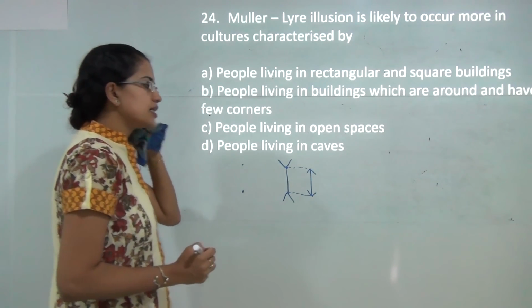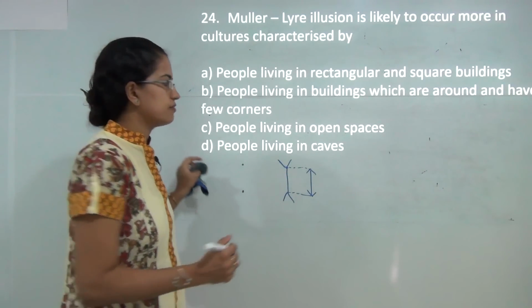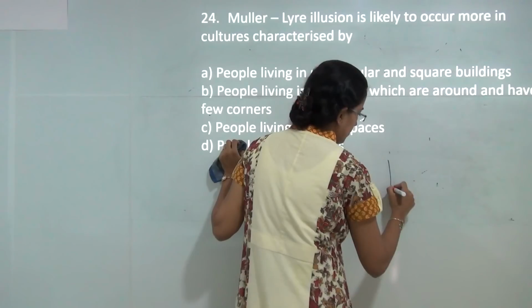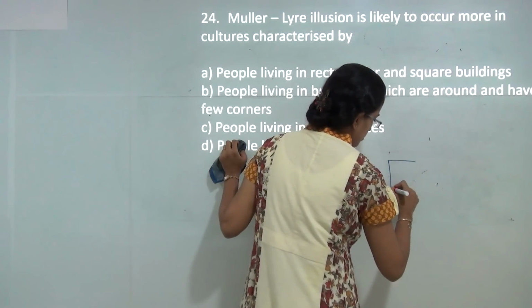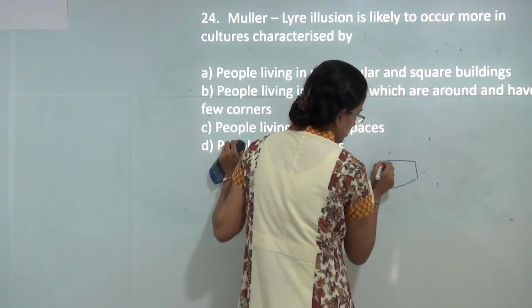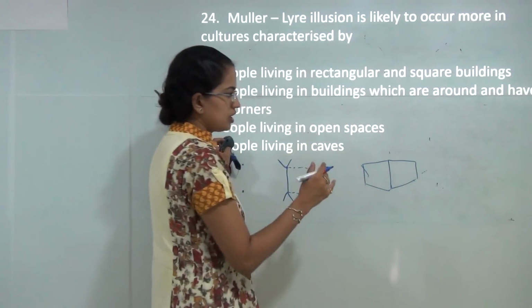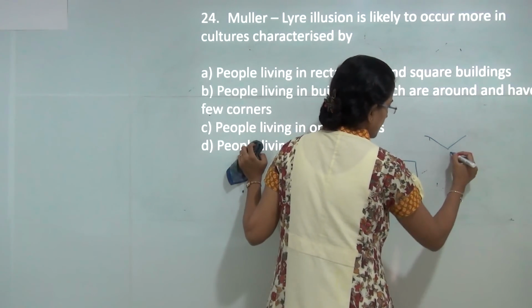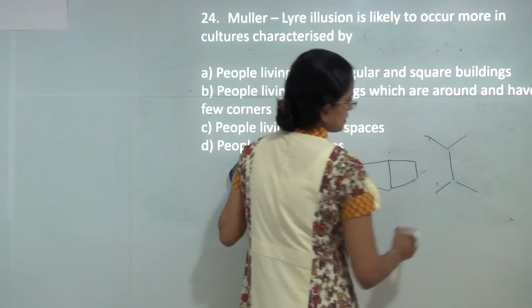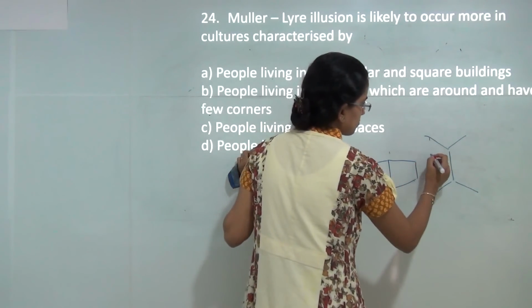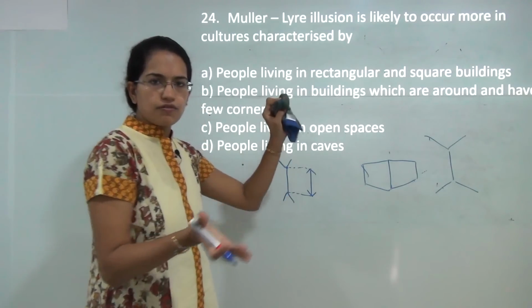It is the shape that is distorting. For example, if I draw a figure of a smaller house compared to a figure of a house in this pattern, it would give you a bigger look of the house.